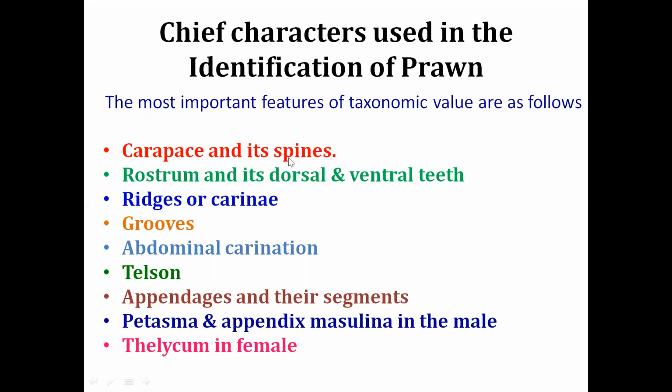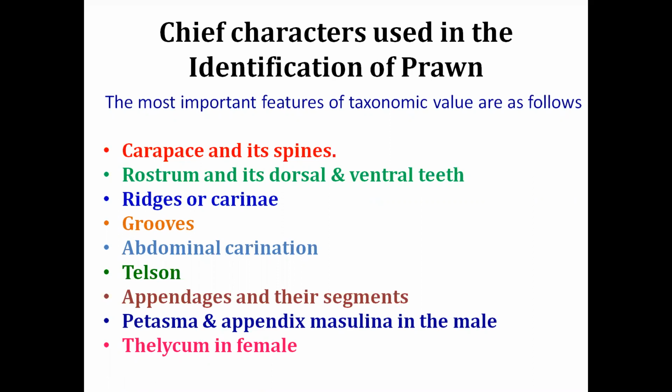Number one is the carapace and its spine, then the rostrum and the teeth which are present on the dorsal and ventral surface of the rostrum, then the ridges or carinae present on the body of the prawn, then grooves present on the carapace, then abdominal carination or abdominal segments.